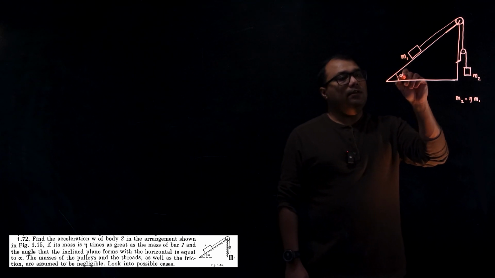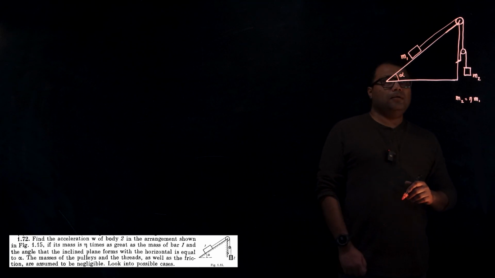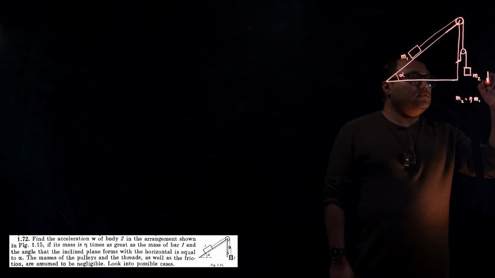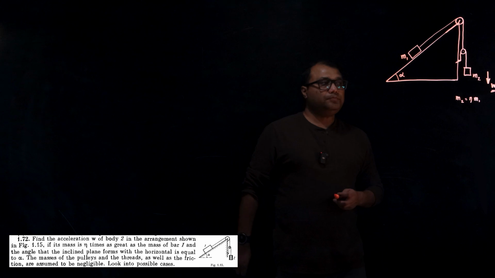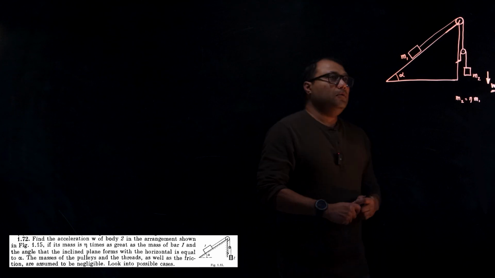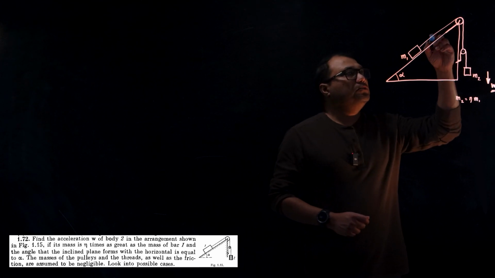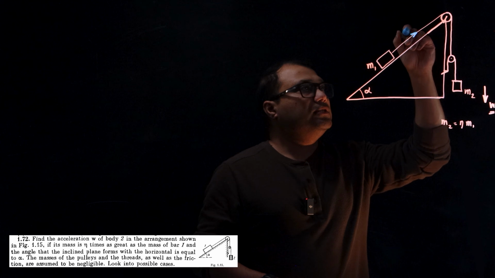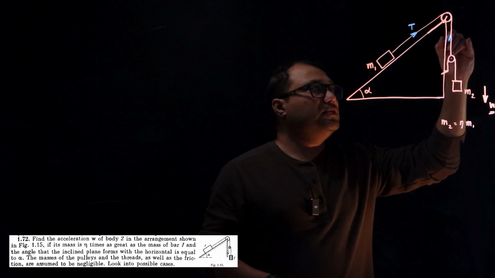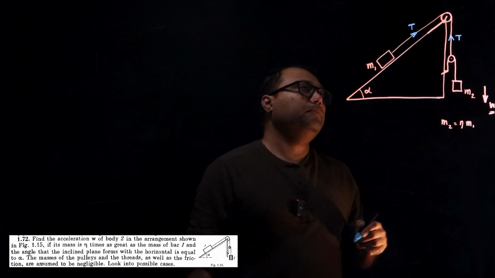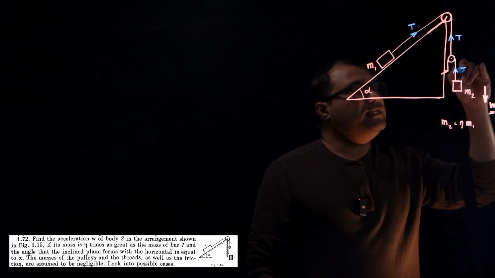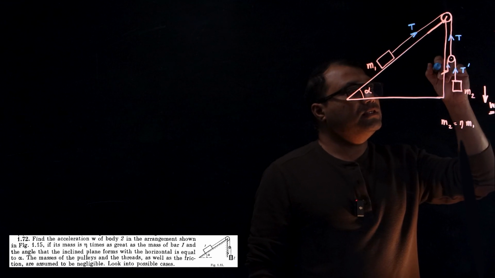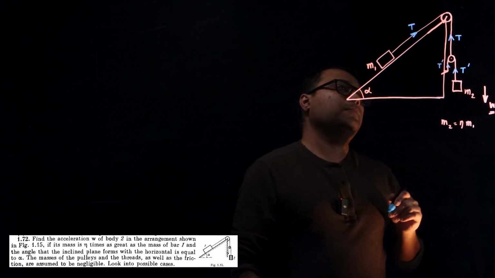This angle is alpha, and this acceleration is W. We'll have to find W. Let's assume that this tension is T. This tension is also T then because it's the same string. This tension is T dashed, so this tension is also T dashed.